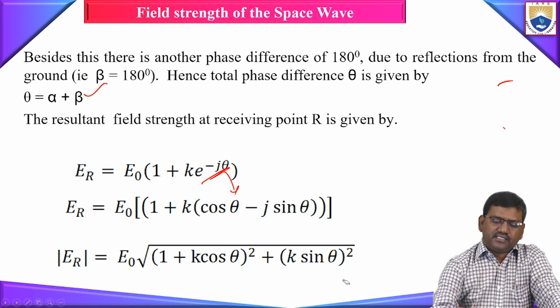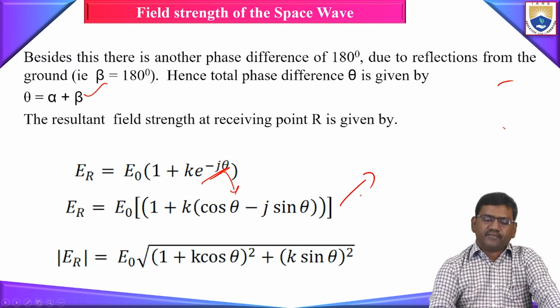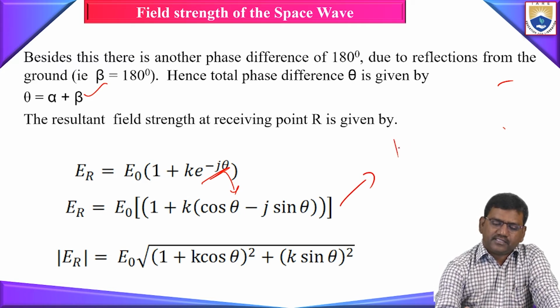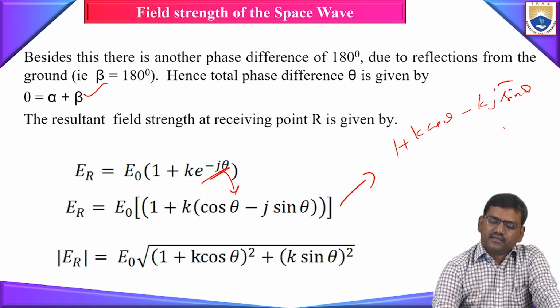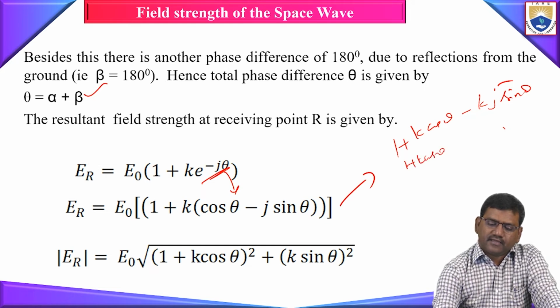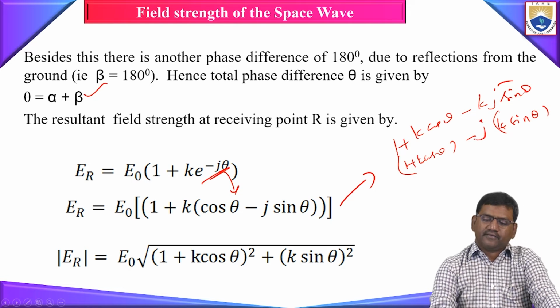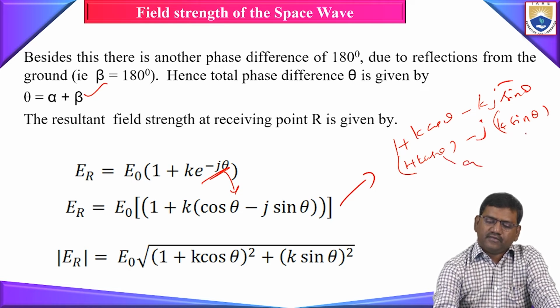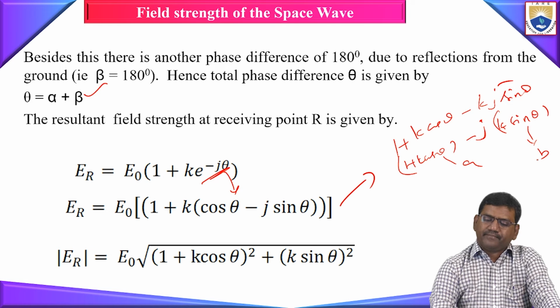We can write this in the form A plus jB, as 1 plus K cos theta minus j into K sin theta. We assume the first expression as A and K sin theta as B.